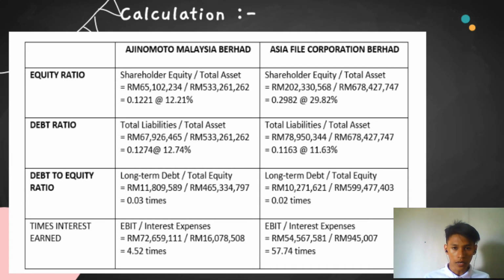So Asia File Corporation Berhad is better with a higher ratio of 57.74 times, then Ajinomoto Malaysia Berhad with 4.52 times, but both are considered an acceptable risk.